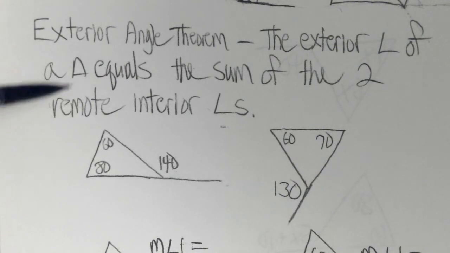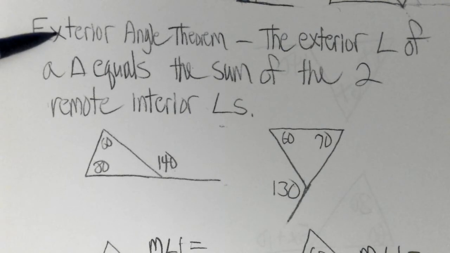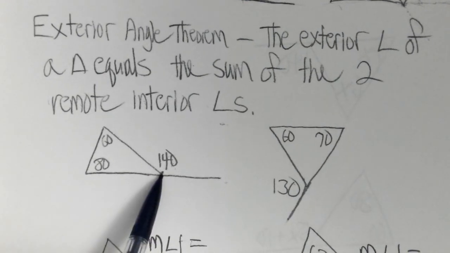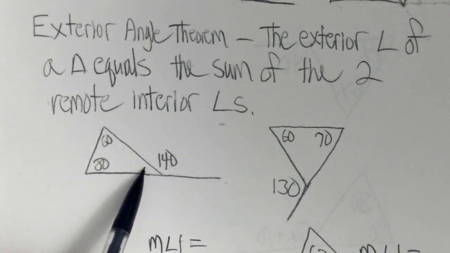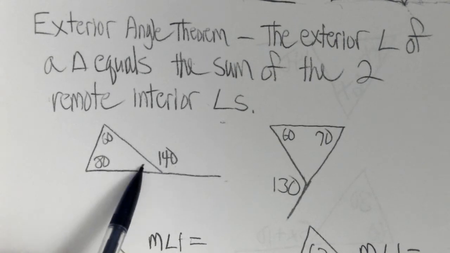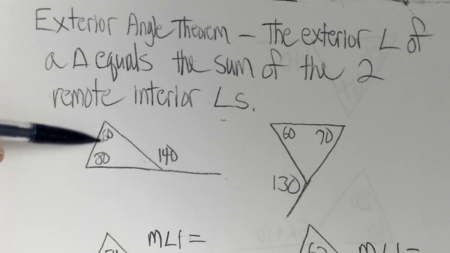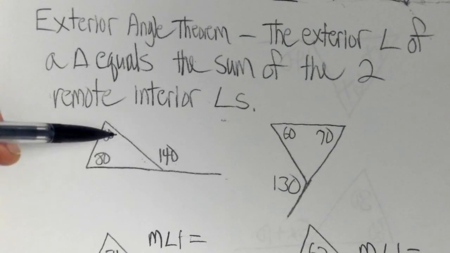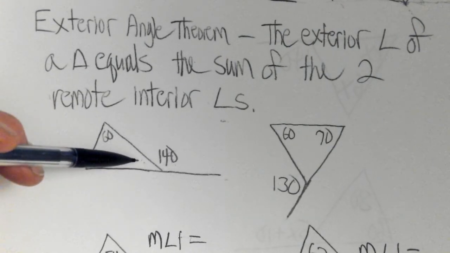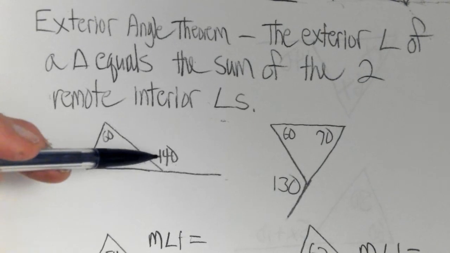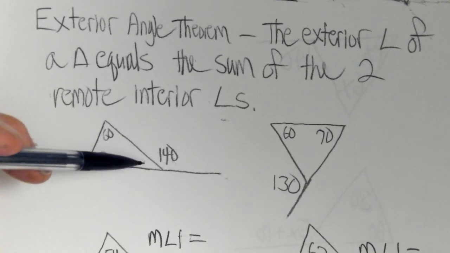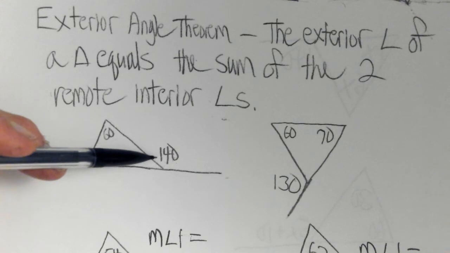And so that remote would be with respect to the exterior angle. So if this is my exterior angle, this interior angle is adjacent or connected to it, but these two are far away or remote. So of the three interior angles, one is adjacent or connected to it. That's the near interior angle or the local interior angle.